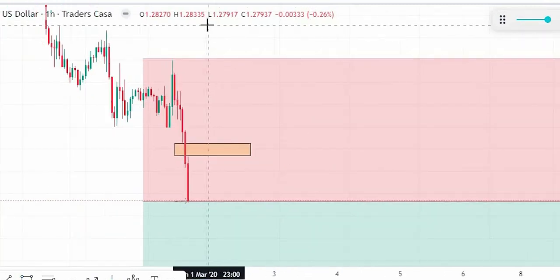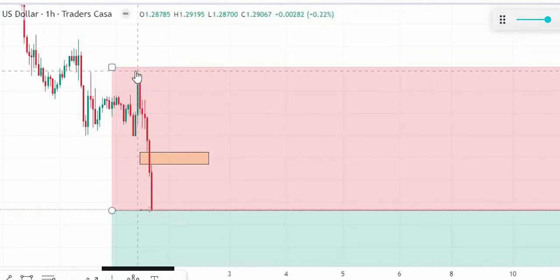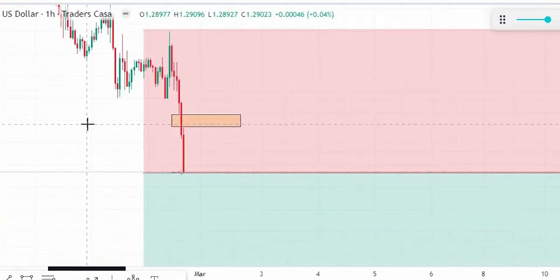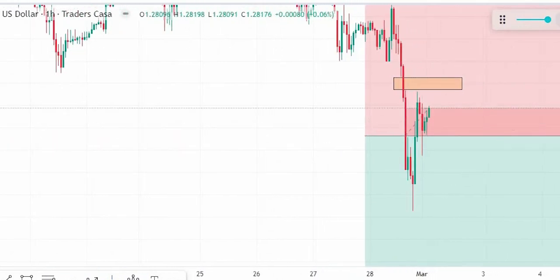But what the market is not allowed to do is to come and grab liquidity right here. Because if the market does that, we are going to be tapped out of the market, right? So let's wait for the breakdown.